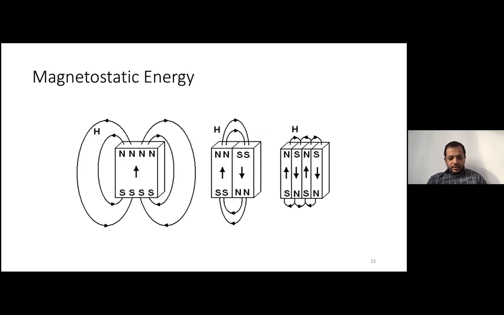Now, let's talk about another interesting definition, magnetostatic energy. You surely have experience with a broken magnet. When we were kids, we used to play with magnets, and if they broke, they would not quite stick together at the broken section of the magnet.